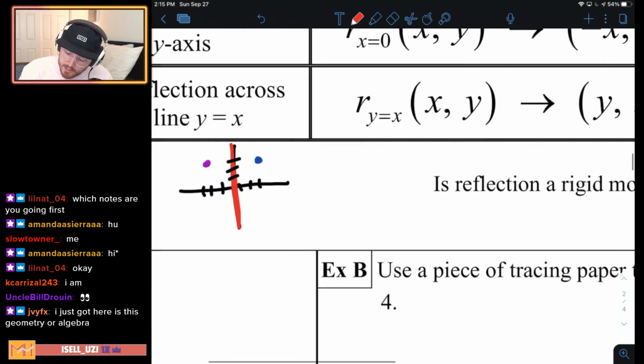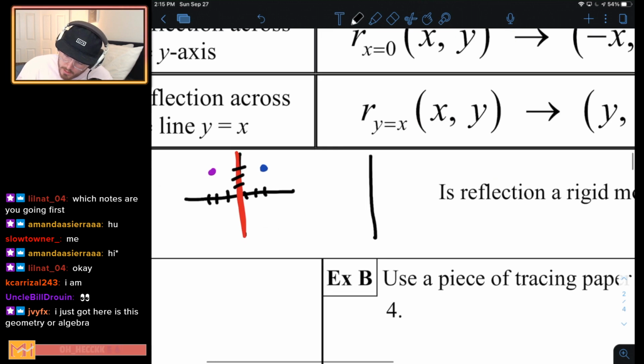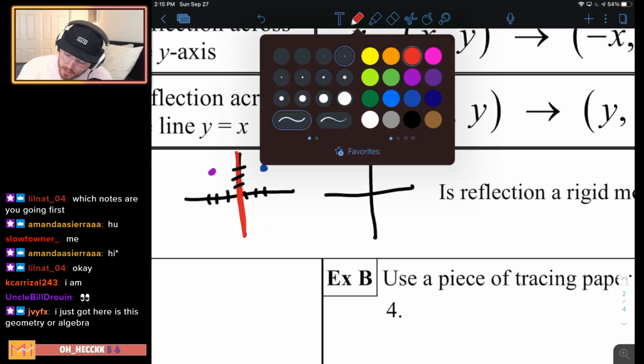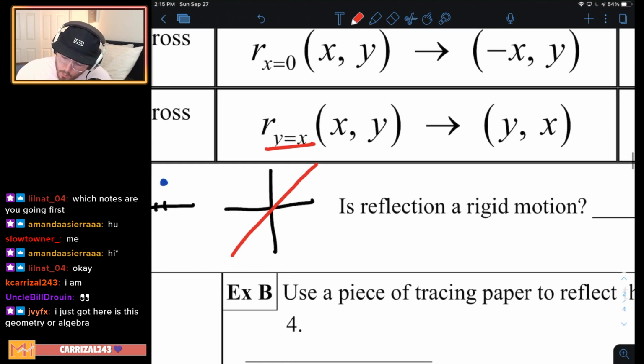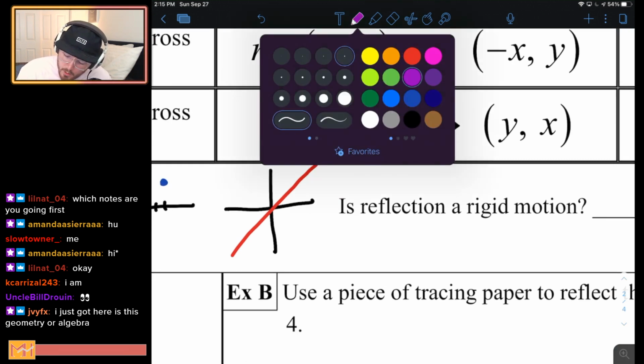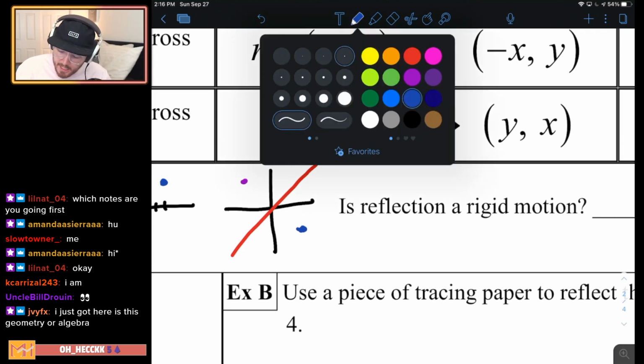And then the last one, we're flipping over the line y equals x, which looks like this. And what happens here is when we have a coordinate up here and a coordinate that results down here, the x and the y values are flipping, okay?